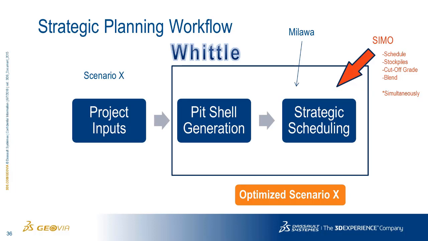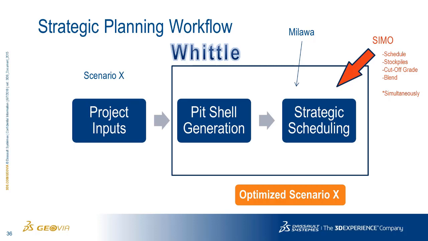For a particular scenario, in this case I'll call it scenario X, we have certain inputs, like metal price, recovery, costs, etc. Those are going to generate our pit shells, and we have additional inputs that come in at that stage in terms of the decision making, that I want this to be my optimal shell, I want these to be my pushbacks.